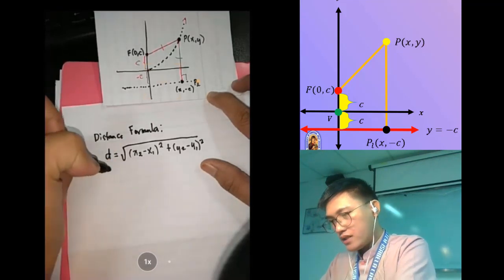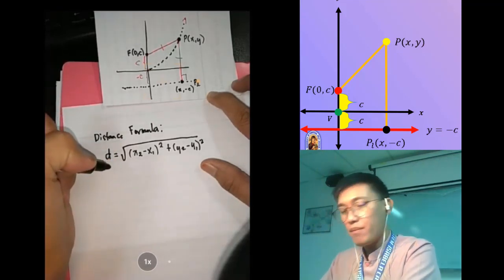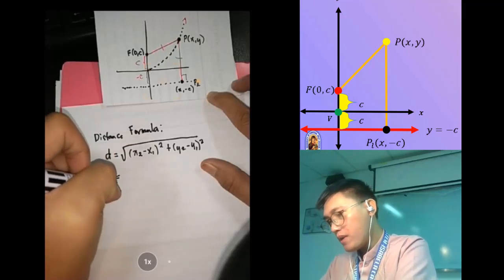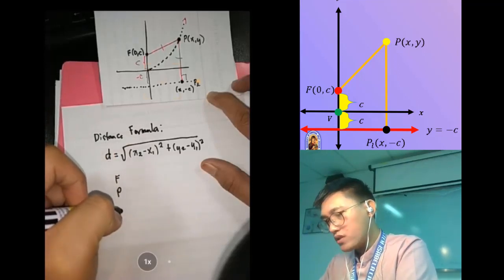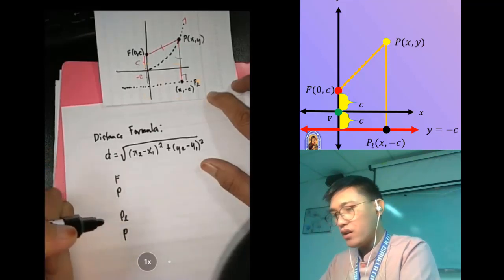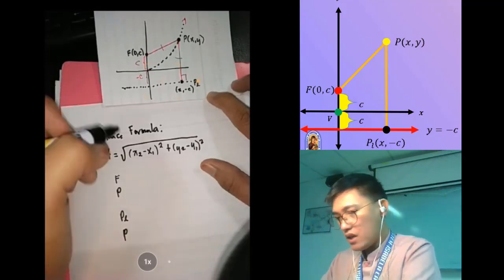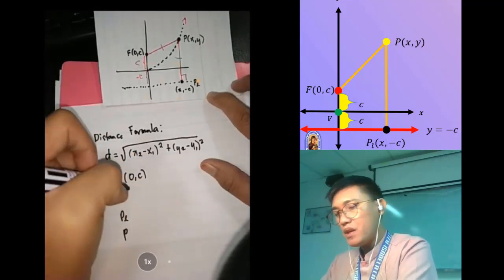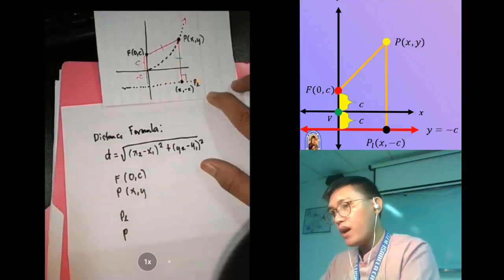Let us name the given points in the parabola. We have point F, point P, point P sub L, and another point P. Point F here is (0, c), and point P here is (x, y).